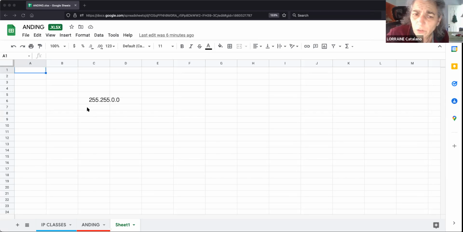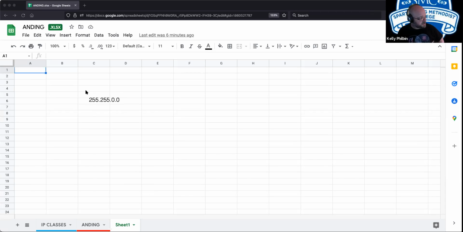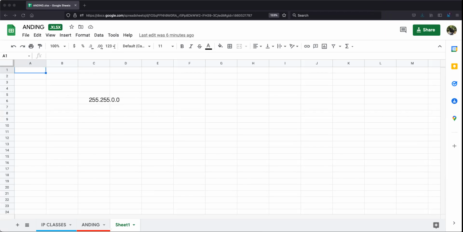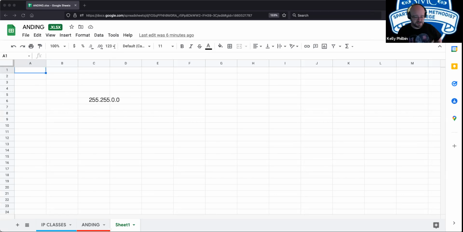So if I wanted to represent this subnet mask in binary, it would be all 8 ones twice, and then all zeros twice. Venkata, thank you very much. That is exactly what I was looking for.